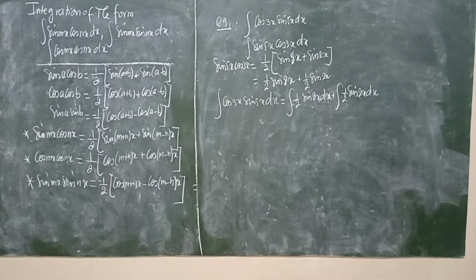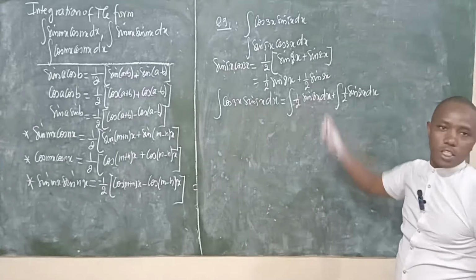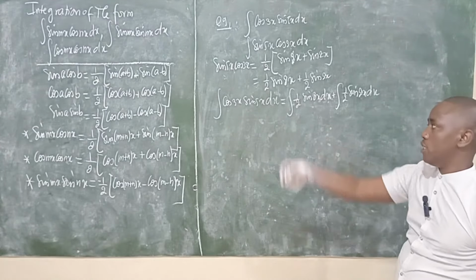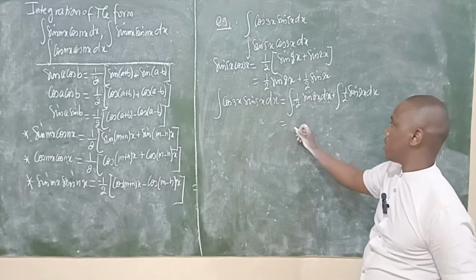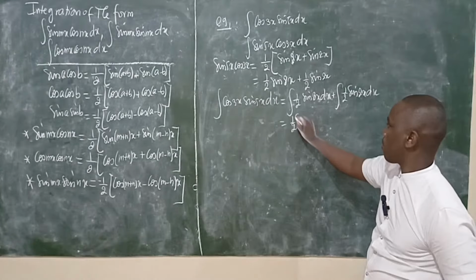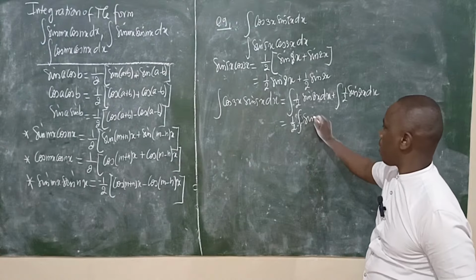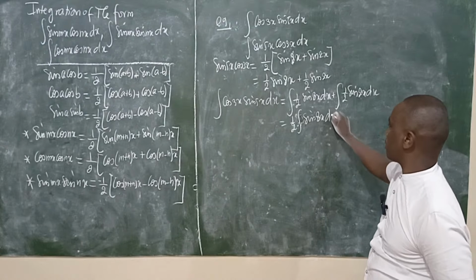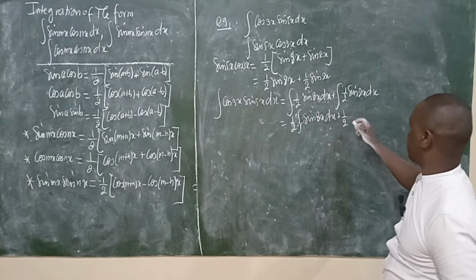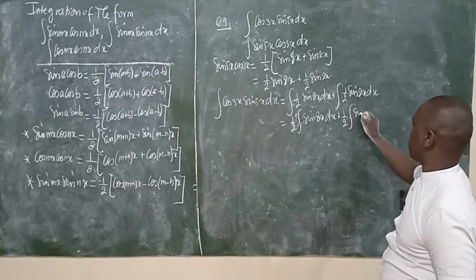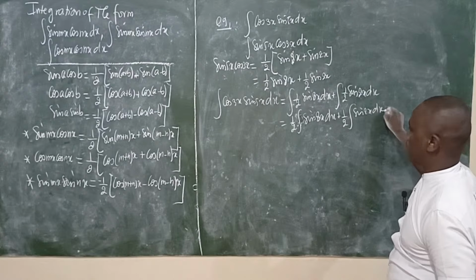As I told you, when having a number times a function, we take it out of the integral sign. That's why this is going to be a half of the integral of sine 8x dx plus a half of the integral of sine 2x dx.